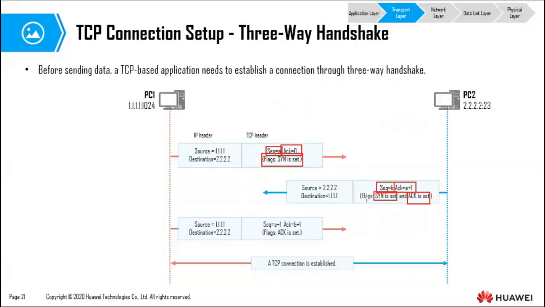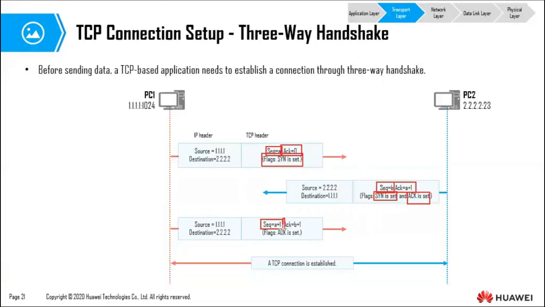So lastly, when PC1 receives this packet with the acknowledgement set to 1, it's going to reply. This time, the sequence number is going to be, see, my previous sequence number was A, so my second sequence number is going to be A plus 1.